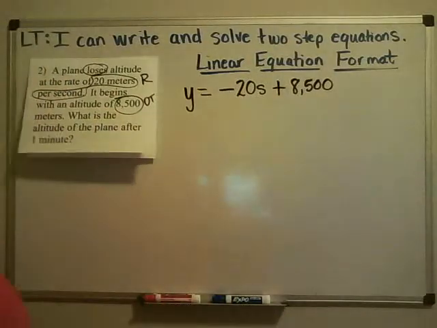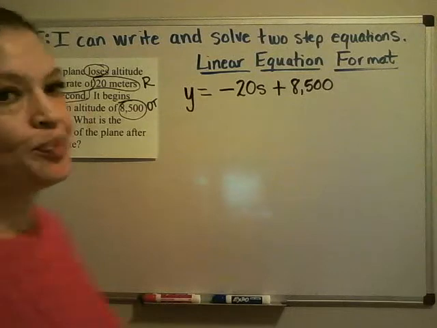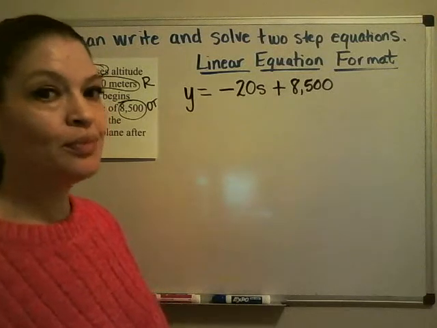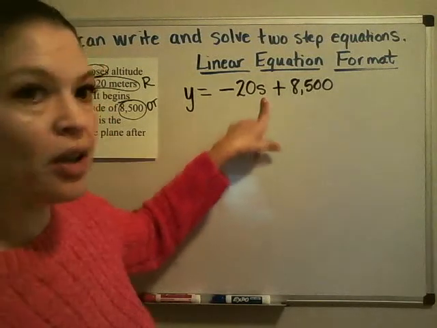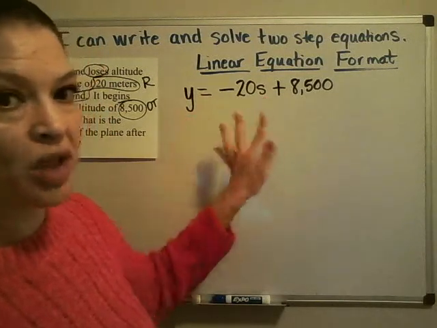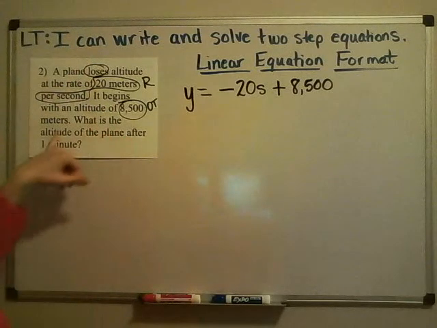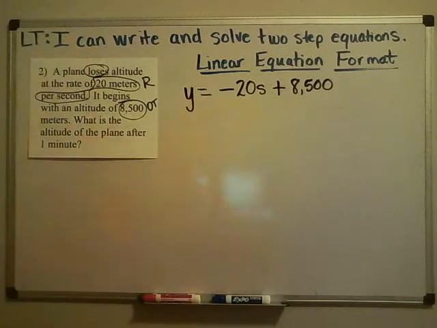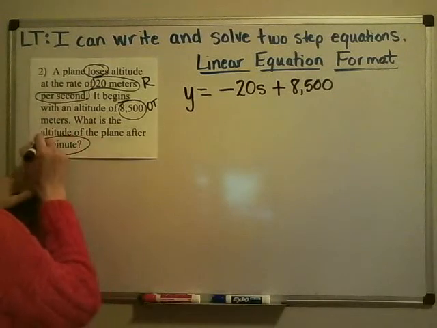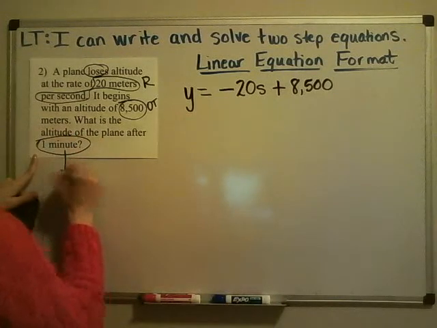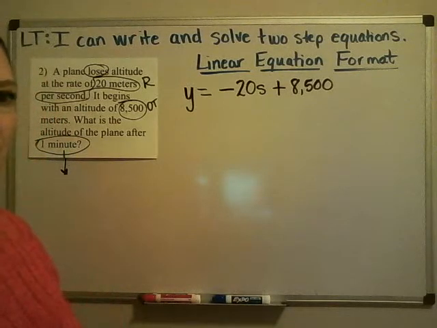Okay? Now, do you spot a problem? The problem is we have a variable here and a variable here. We have to replace one of them. So let's keep reading. What is the altitude of the plane after 1 minute?